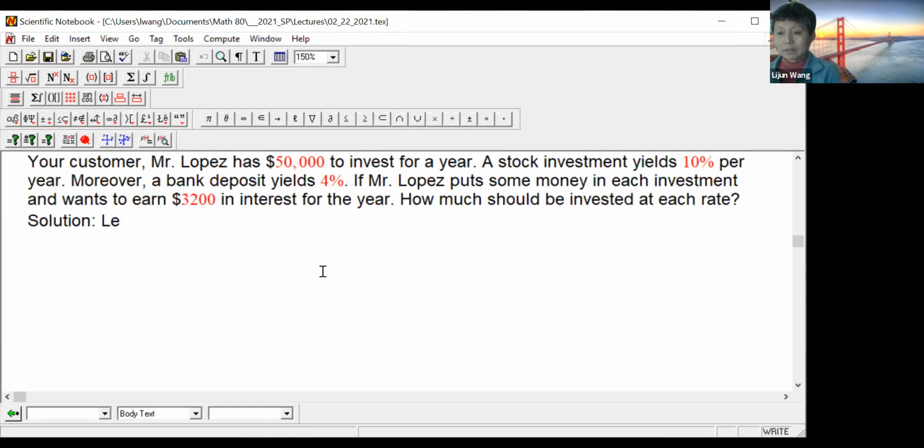I will say, let X be the amount invested in the 4% account.